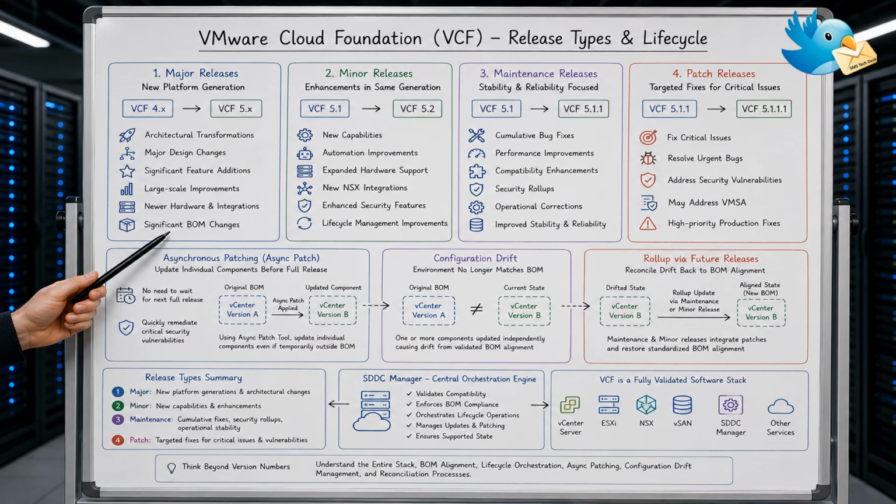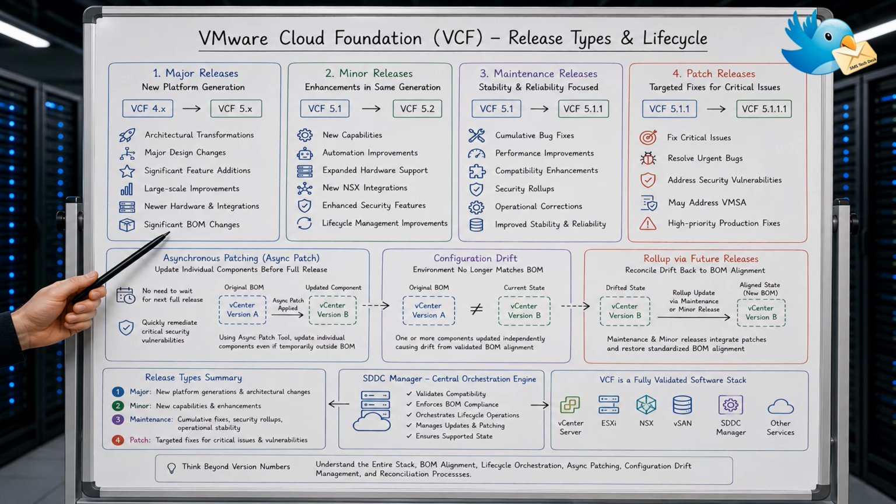Okay. Then next to major, we have a minor release, right? So minor release focuses on features within the same platform generation. So here you can see VCF 5.1 to VCF 5.2. If you take 9, we can say VCF 9.0 to VCF 9.1. This minor release introduces new features and automation improvements.